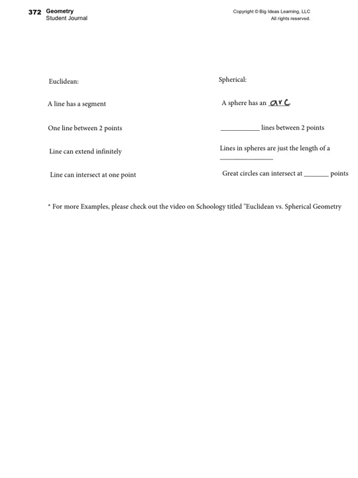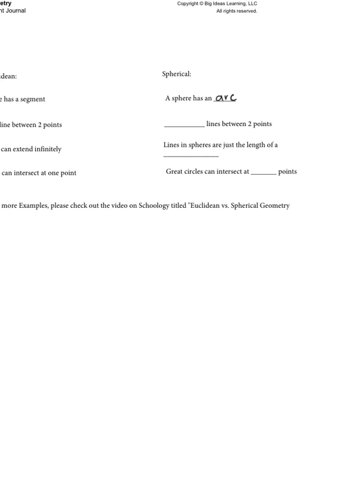Now, that's true in Euclidean geometry, but in spherical geometry, let's think about this. If we have a circle, and we have 2 points within that circle, you can actually have several great circles going through those same 2 points. So that's not the same thing when we're talking about spherical geometry.